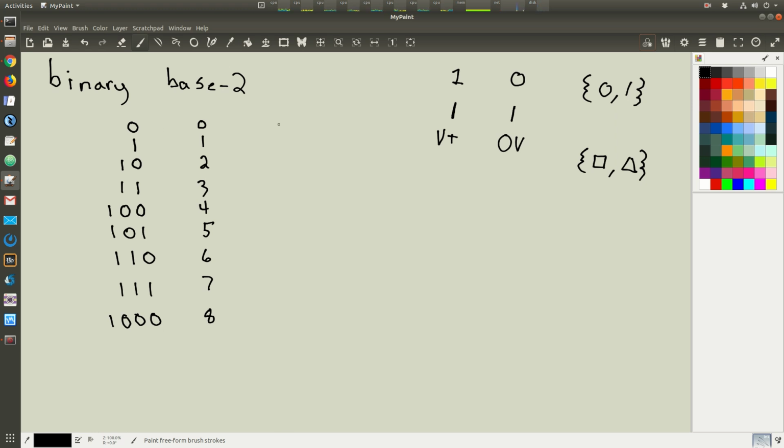And let's keep counting a little bit longer. We have 1, 0, 0, 1, 1, 0, 1, 0, 1, 0, 1, 1, 1, 1, 0, 0, 1, 1, 0, 1, 1, 1, 1, 0, and 1, 1, 1, 1.